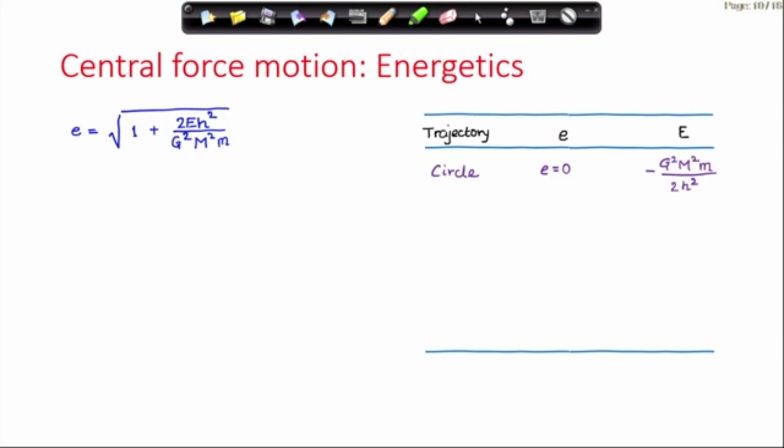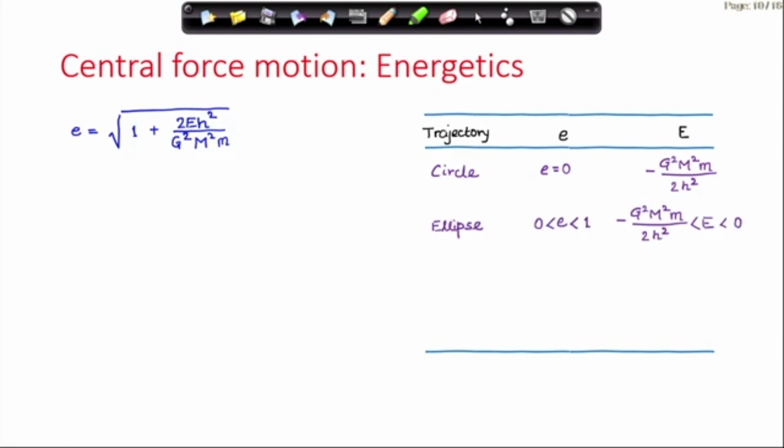When it is a circle, e is 0, and from that eccentricity expression I can find out what is E, capital E, the energy. Eccentricity, the lowercase e, is 0 for a circle. Therefore, from the expression of eccentricity I can find out the energy for a circular path, which is given in the third column, the first entry.